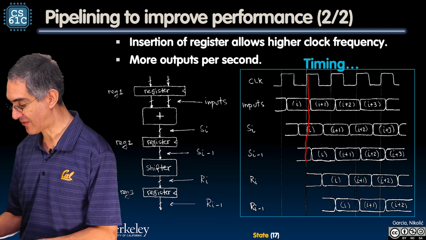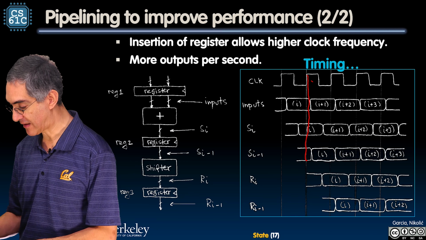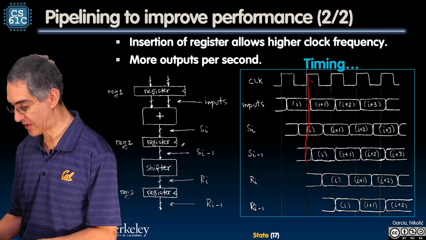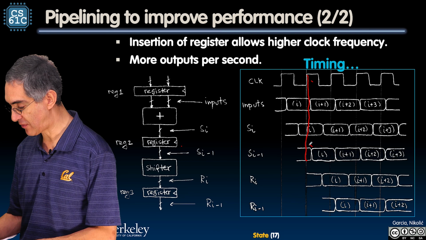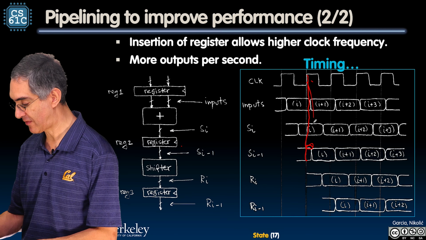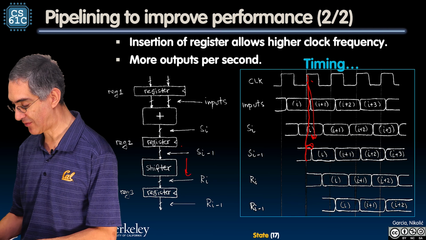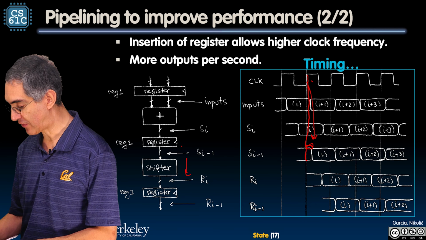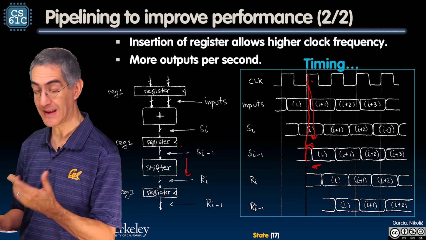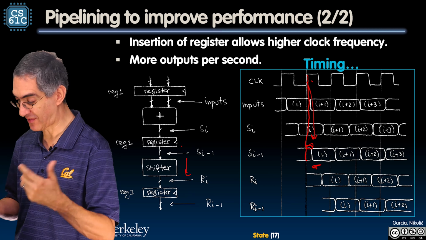And in the next stage, I've got T clock to Q before that number is available to S of i minus 1. So here's T clock to Q. Now I've got a delay between when S of i minus 1 passes to the next level, and that's T shifter delay. So right in here is my T shifter delay. And again, that's smaller than T shifter plus T adder.